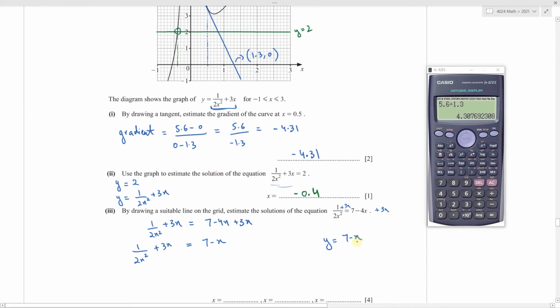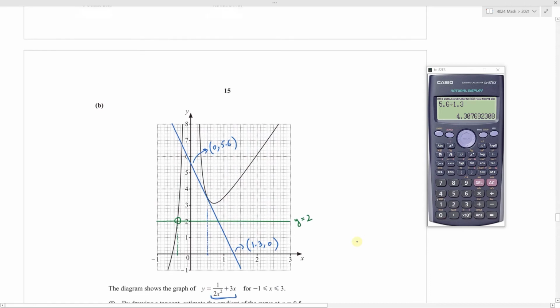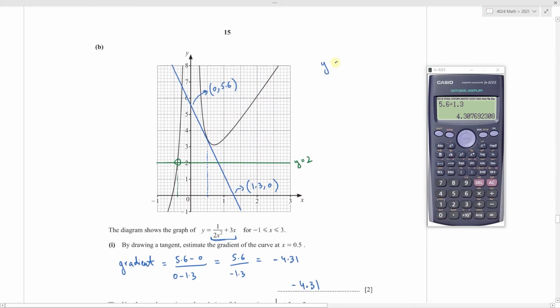So y equals 7 minus x, you have to plot this. Let's take a couple of values of x. Let's say if x is 0, y will be 7. And if x is 2, because you have to take between minus 1 to 3, which is the range of values on the x-axis, 7 minus 2 will be 5.